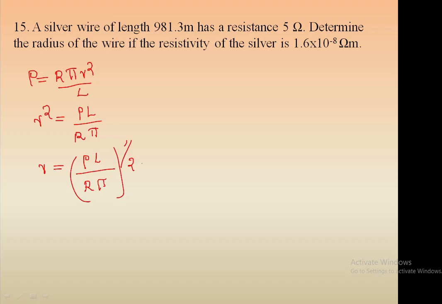Okay, now let us see what are the values given. Here the resistivity of the silver is rho, that is 1.6 into 10 raised to negative 8 ohm meter. And the length of the wire is 981.3 meter. And the value of the resistance, capital R, is equal to 5 ohm. So let us substitute all the values and calculate.